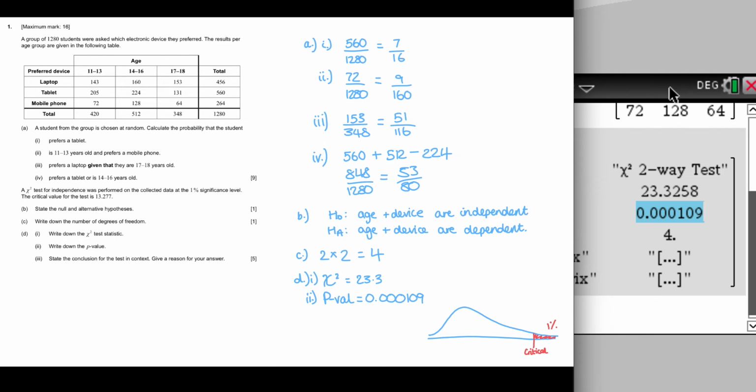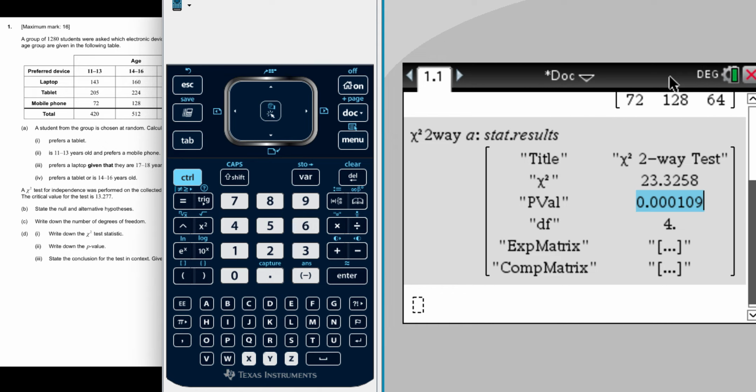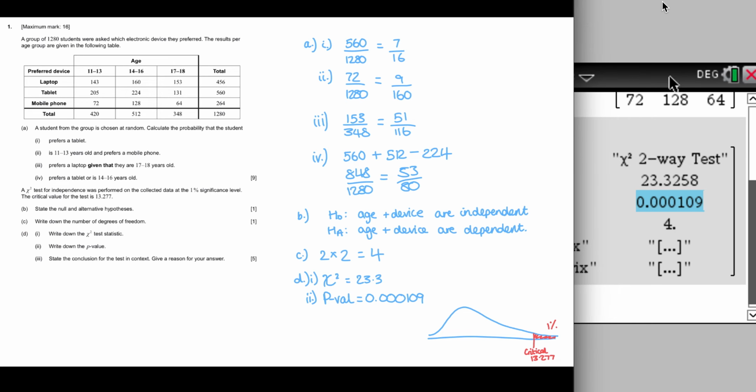And our critical value, they told us, is 13.277. Now the values that I found are a chi-squared value of 23.3, which is somewhere over here. And my p-value is 0.01%. So it's very, very small, somewhere down here, okay?